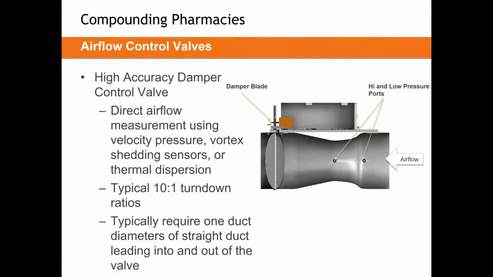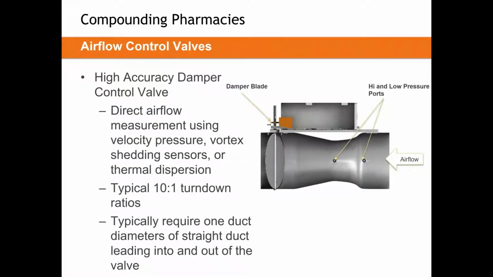These high accuracy terminals are often combined with a different type of sensing technology. We won't really dig into that today, but there are a few technologies to measure velocity or static pressures, to measure vortex shedding, and things like that, that can be used to control and measure the pressure drop across these devices.